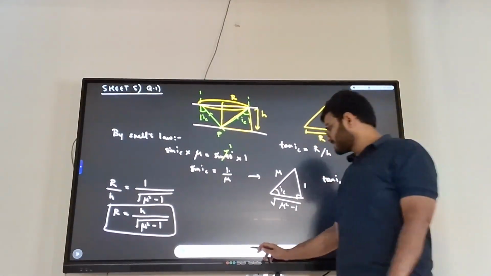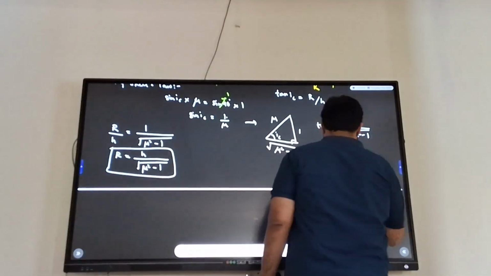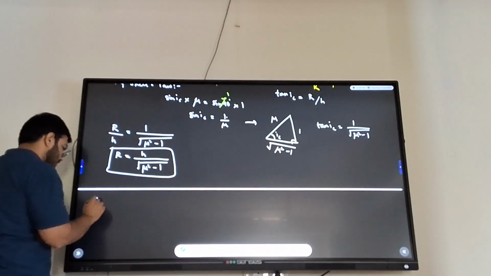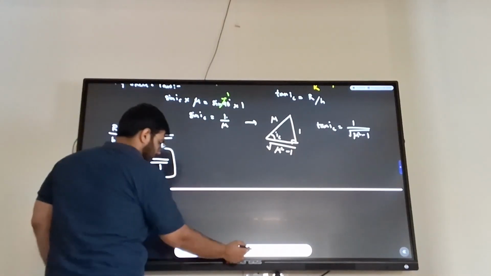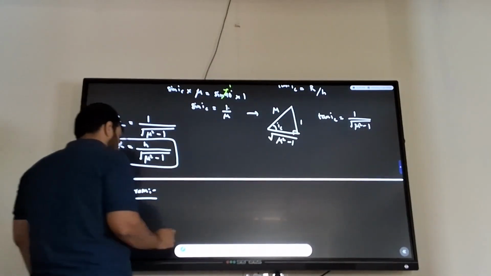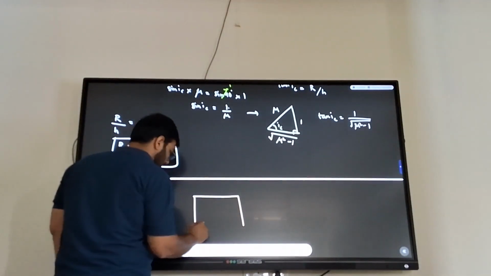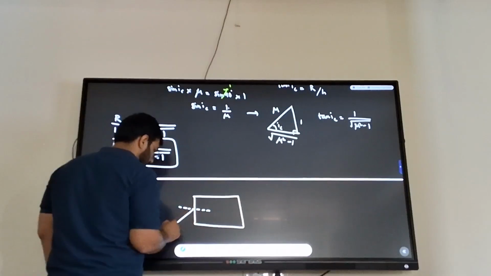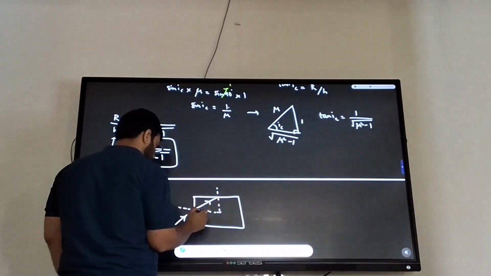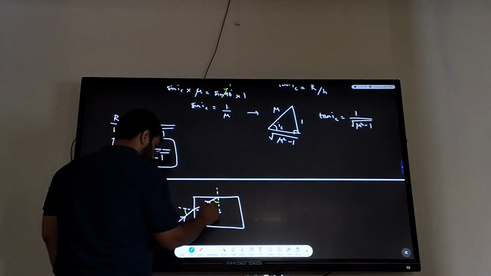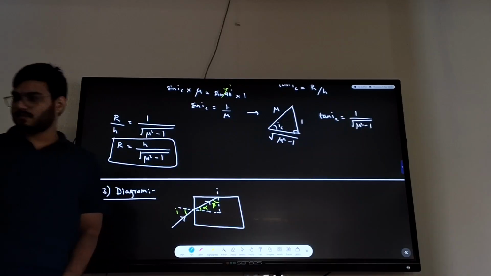The diagram. These things are given, and I think some more things are given.